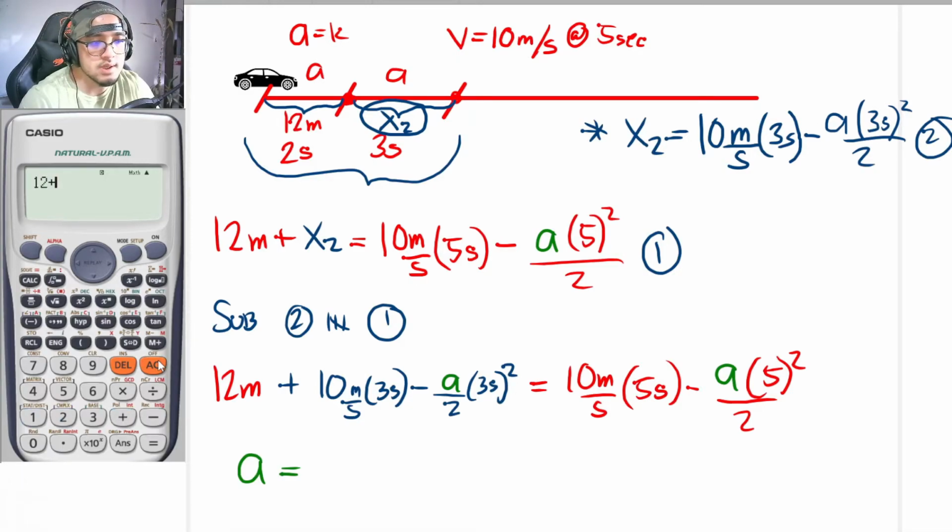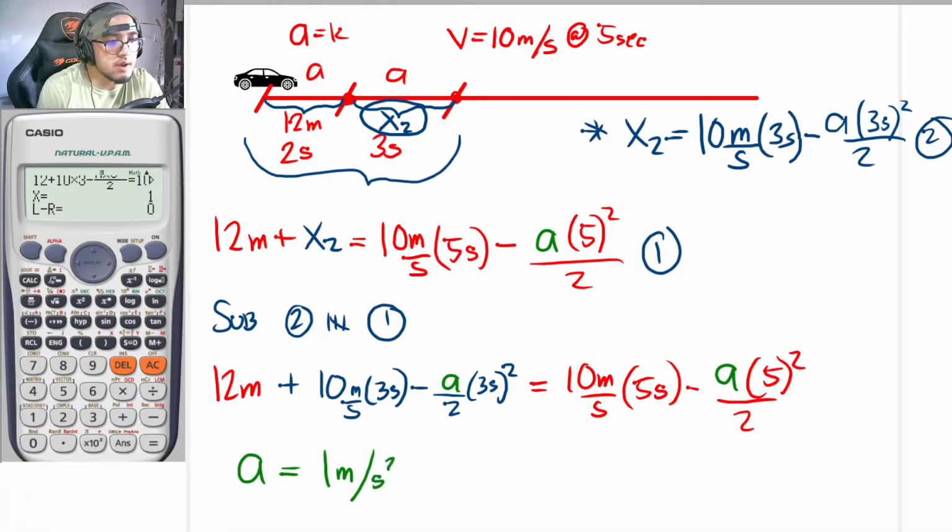So 12 plus 10 times 3 minus alpha x, so I'm assuming that our alpha x is our acceleration, times 3 squared divided by 2 is equal to 10 times 5 minus alpha x over 2 times 5 squared. So getting the answer here. So shift solve, my answer is now equal to 1 meter per second squared.